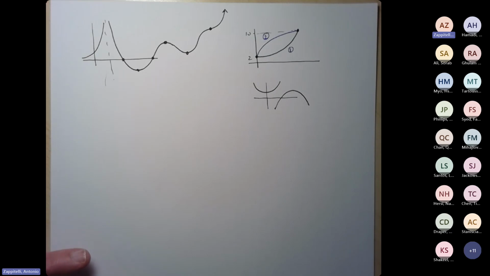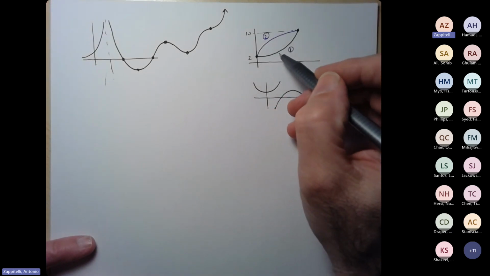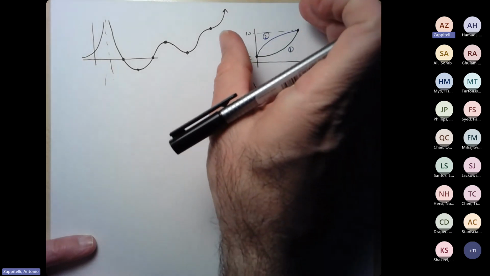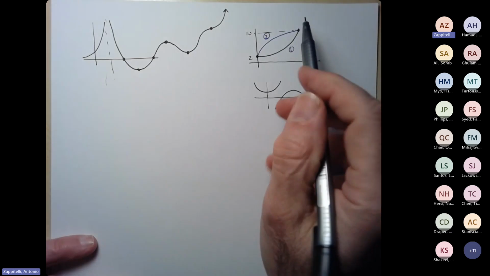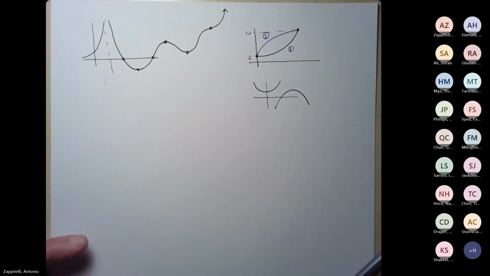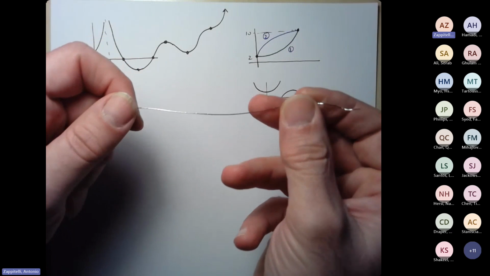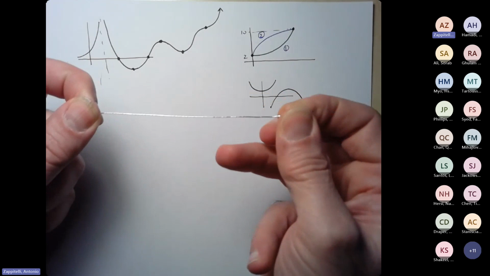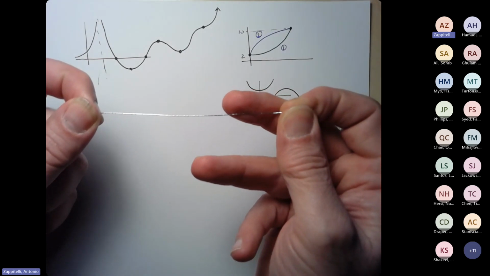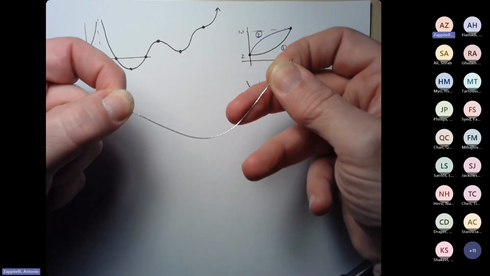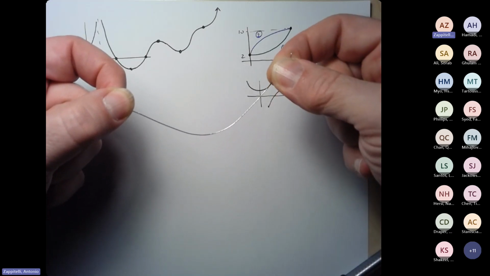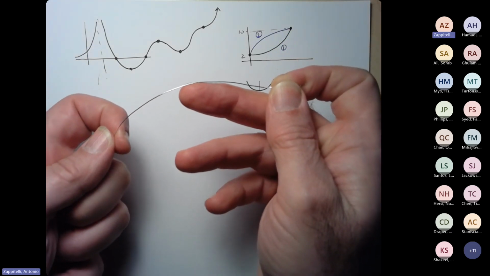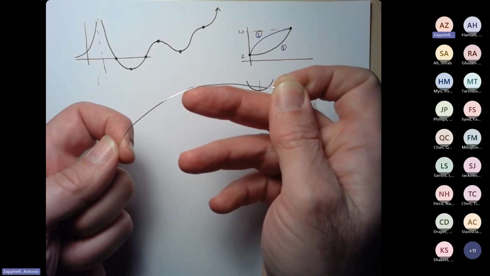Okay? So what we say is that this first function here is concave up because the function sort of opens upwards, and this one here is concave down. Okay. And one way to think about it is, imagine this is a completely straight piece of wire. If I bend it upwards, I create something that's concave up. And if I bend it downwards, I create something that's concave down.